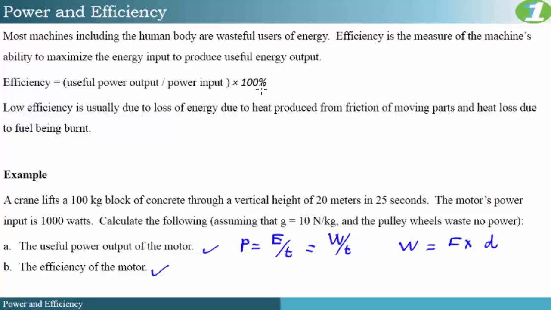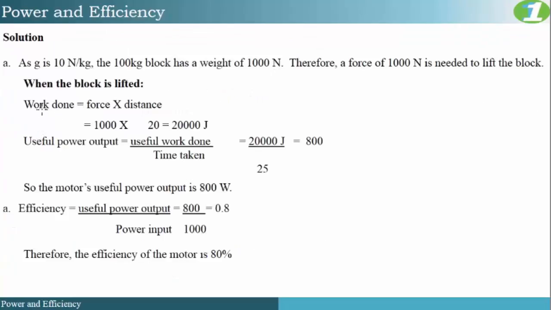In this formula, the percent is simply a unit. So it is useful power over power input times 100, and then you simply put your percentage as a unit of efficiency. So do not multiply by 100 over 100 as 100%. The percentage is simply a unit for your efficiency. Let us look at what our solution would bring for such a question.